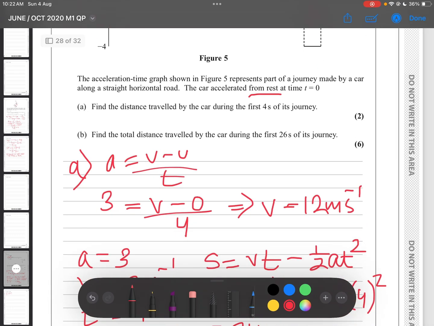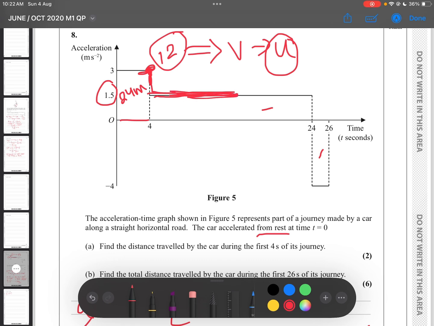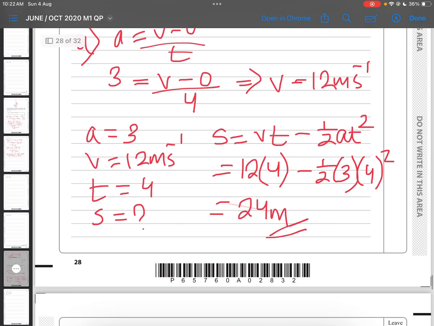So this is going to be the initial velocity with which it was traveling, and then it changed to some other velocity. I hope you understood what I meant. So let's continue.